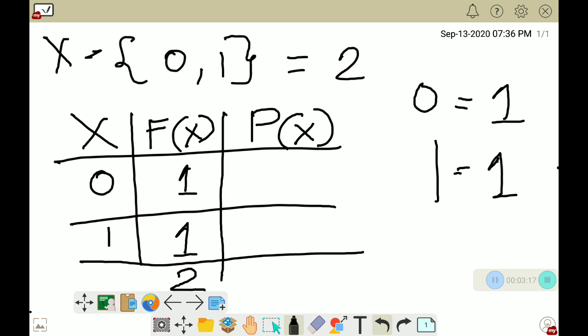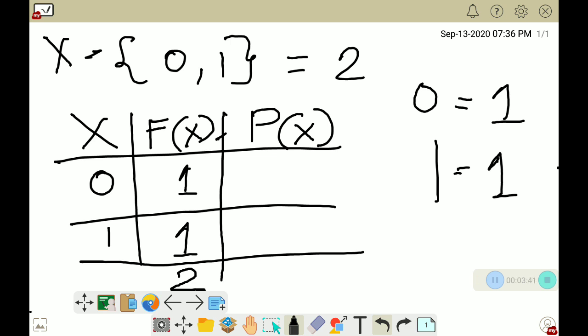So how could we find the probability of each random variable? What we are going to do is simply know the frequency, or f of x, the frequency of random variable x. Know the frequency, that is 1, and then divide by the total frequency of x.